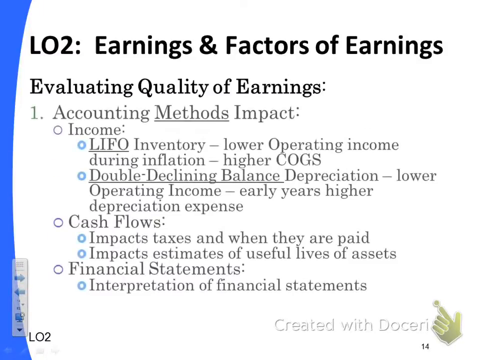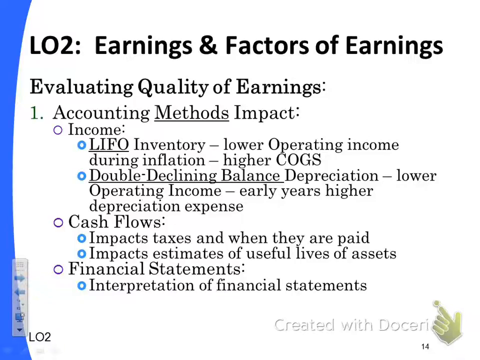So you want to evaluate the quality of your earnings, and factors that affect the quality of your earnings are things such as your accounting methods for your inventory. So determining whether you use a LIFO inventory method or a FIFO or a double declining balance depreciation method.